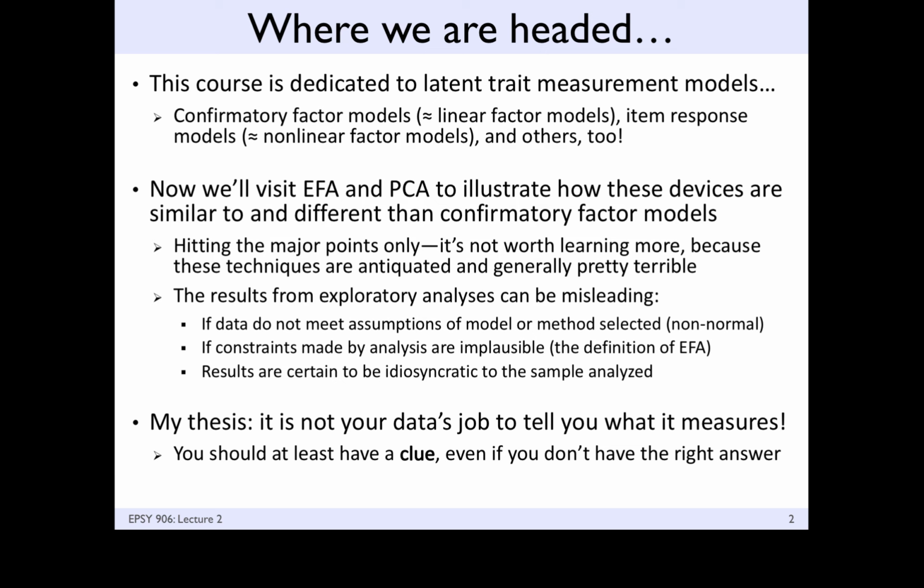The key thing with this, and why there are two features of EFA and PCA that make me not keen on using them. The first is that the results themselves are not very stable.